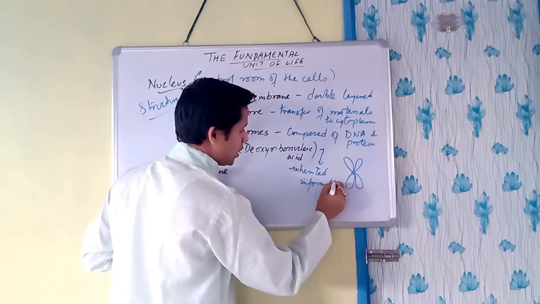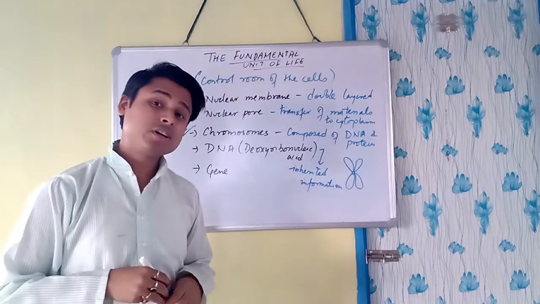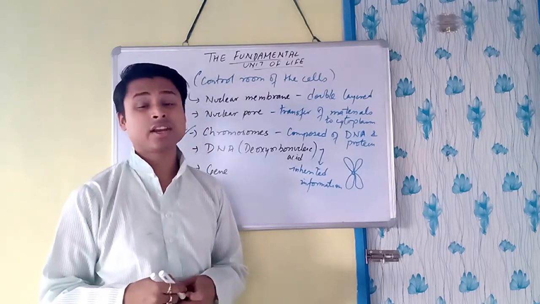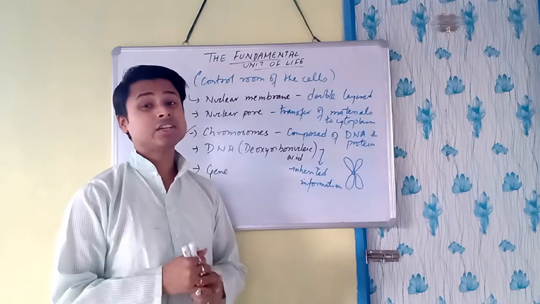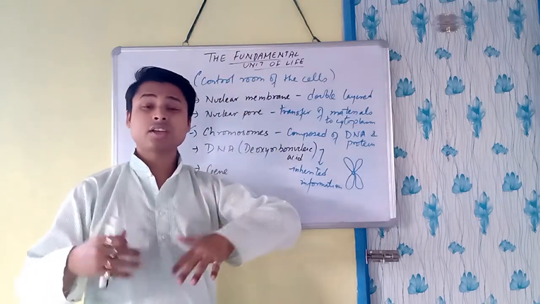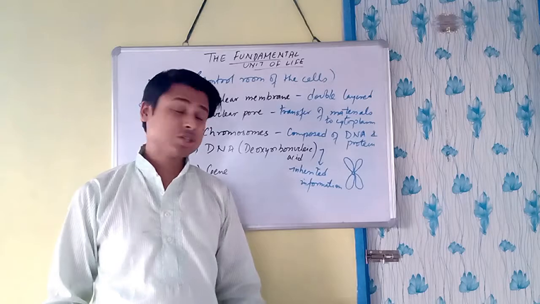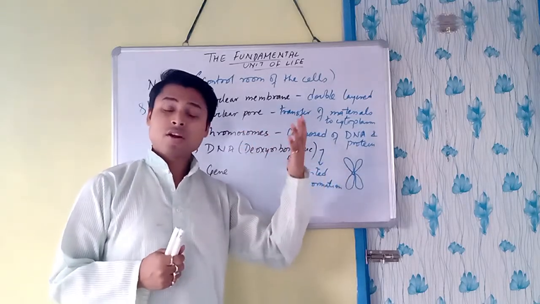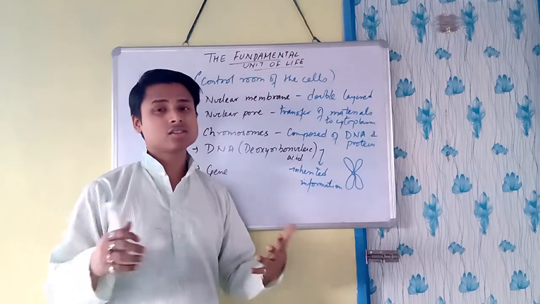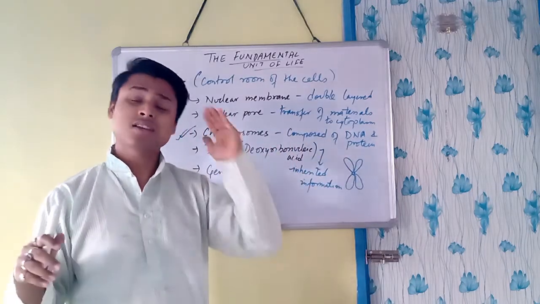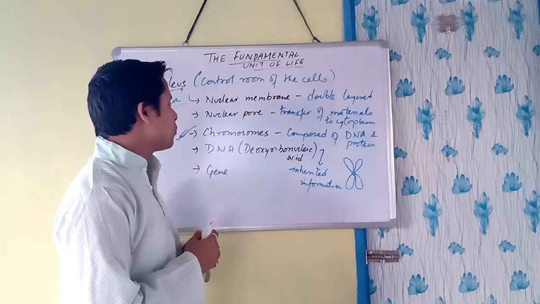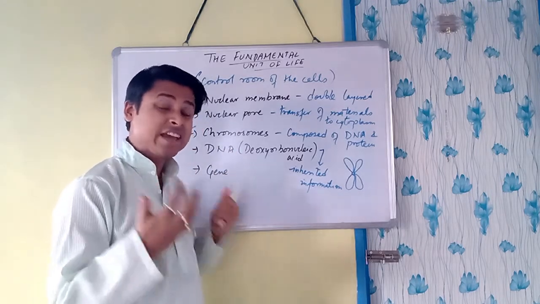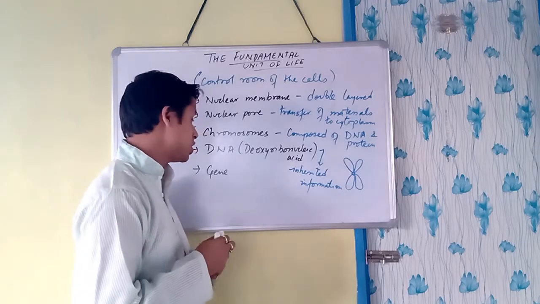This DNA gets transferred from one generation to another, carrying the inherited information. Because of this, we get similarities from our parents, and variations, and many other things which we will discuss in class 10. So the main function of DNA is to carry inherited information.